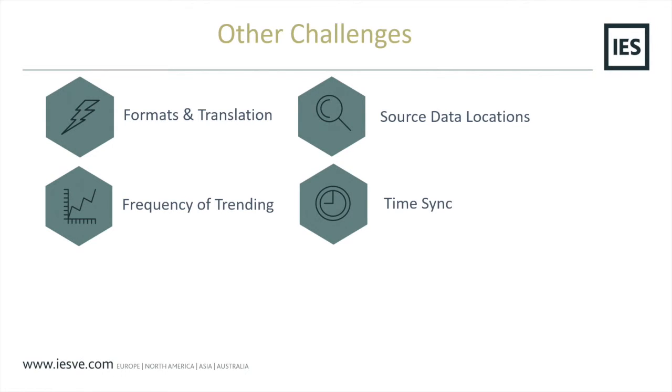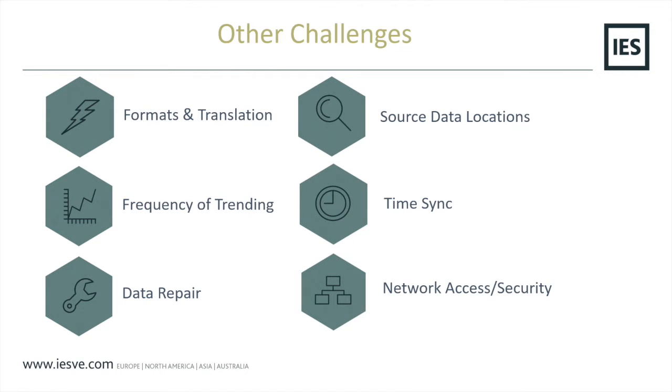So then you need to consider how you can put those two together, how you can compare 15-minute data alongside 30-minute data. How do you fill the gaps in your data? How do you take away outliers, how do we plug the holes, so data repair becomes a key theme. I think the big one really is obviously network access, security, the cyber risks of getting data from a building. That's a huge area as well.